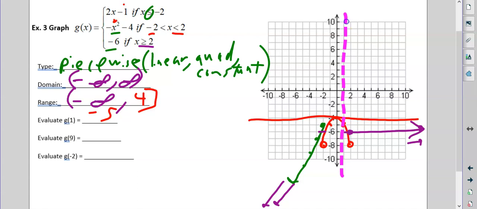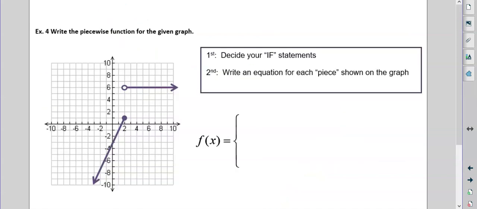Where's 9? 9 is over here. That only hits the purple constant, and that's an easy one because it's always going to be that number. And where's negative 2? Negative 2 is over here. Notice it's the red one, the parabola is an open dot. It's the green one at negative 5 that has a solid dot. And that's how you evaluate it.